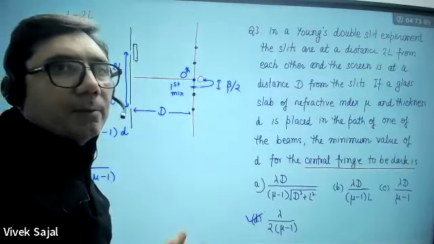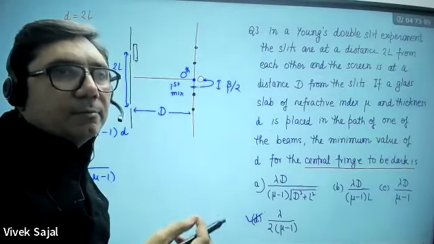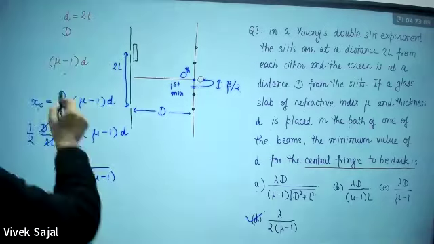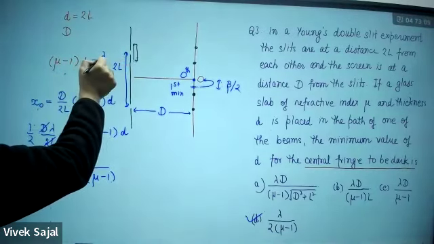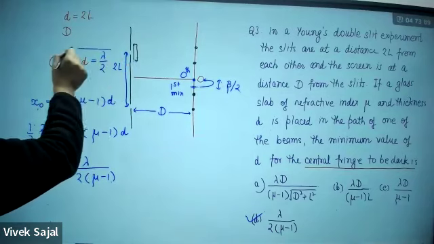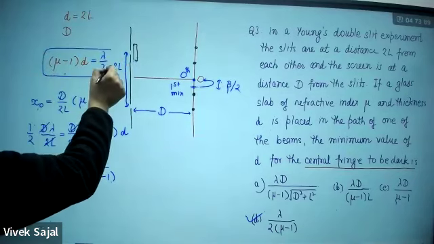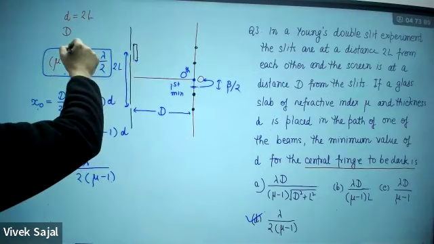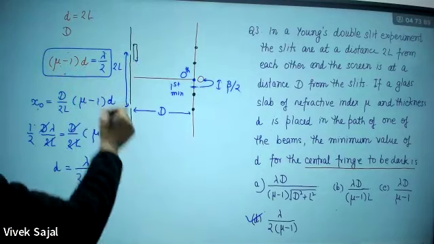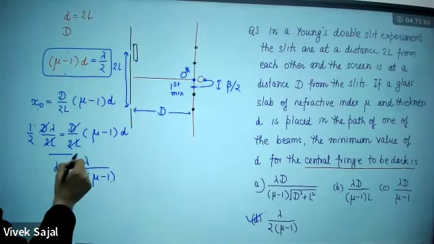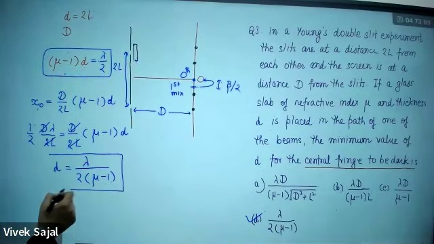What is the condition for first minima? Path difference for the first minima is lambda by 2. So directly you can say this glass plate is introducing a path difference of lambda by 2. So this is mu minus 1 into d equal to lambda by 2, and you can directly write d equal to lambda by 2 into mu minus 1.